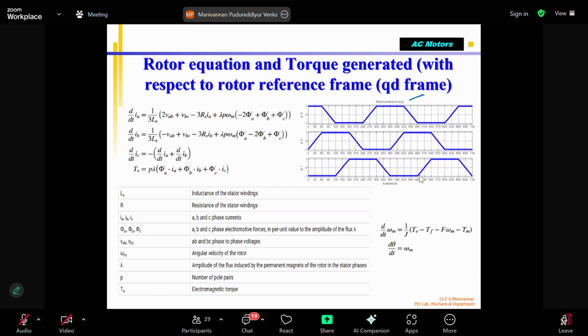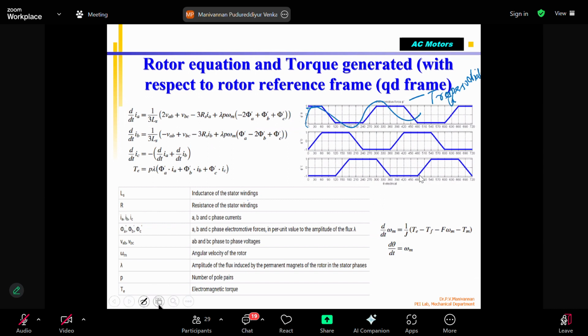This is called a trapezoidal waveform. The shape is trapezoidal, not sinusoidal like this.